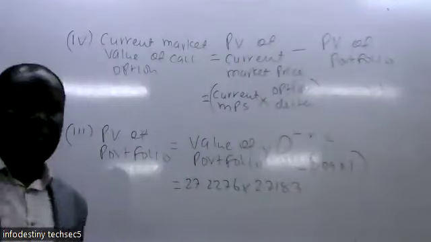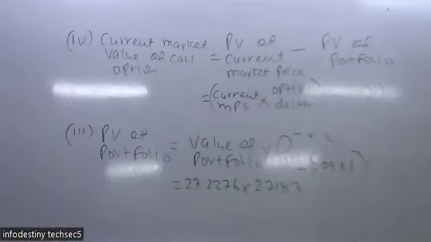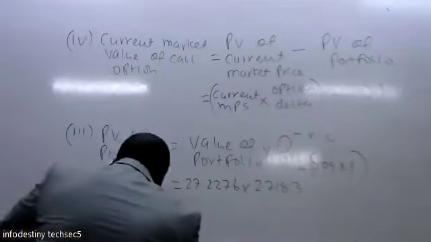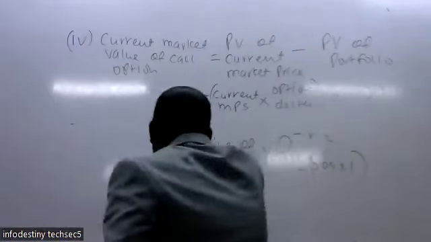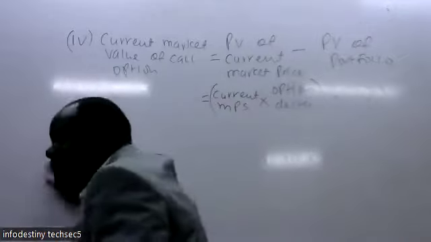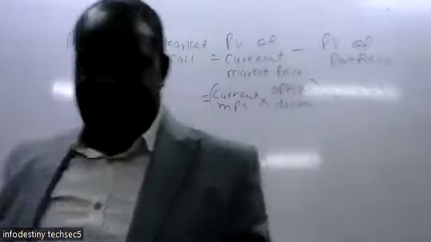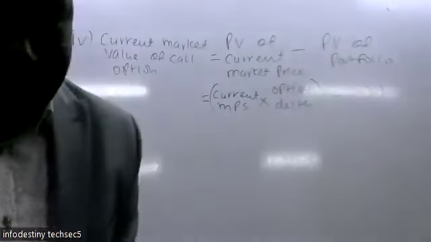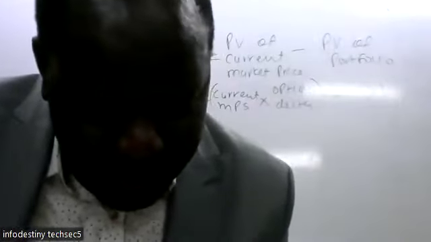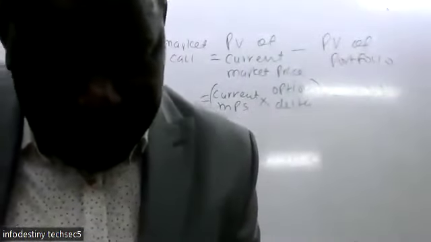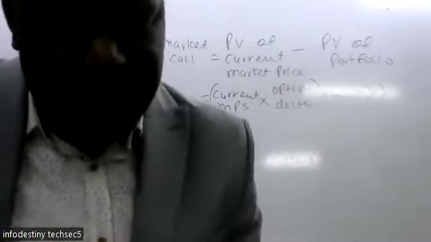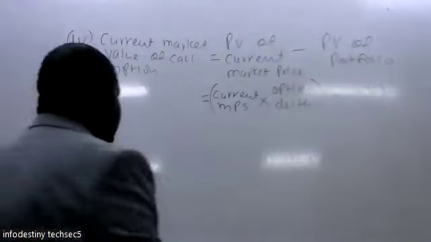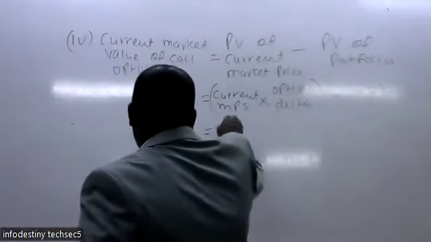So to compute the present value for the current market price, in that question they have said the share is currently selling at how much? In the first paragraph. Yeah, they have stated that the share is currently selling at 120. So the current market price is 120.